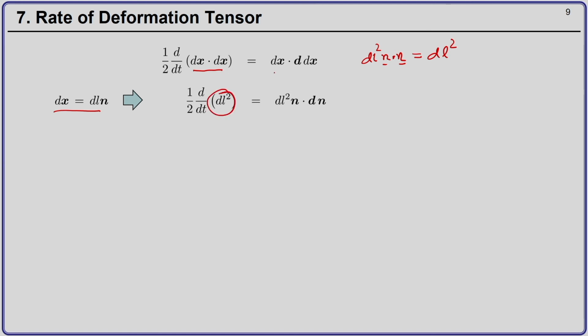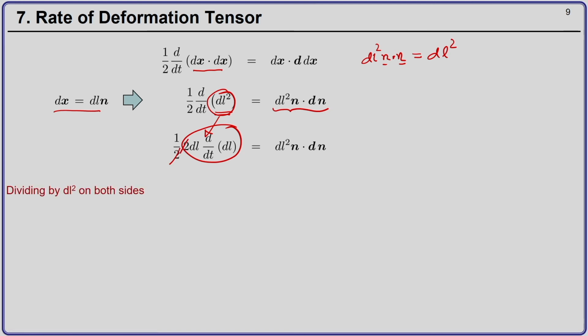Similarly, on the right hand side you will get dl square n dot d n. Now, you can take the time derivative of dl square, which will be 2 dl into d by dt of dl. So, this 2 cancels out, and if we divide by dl square on both sides, we get 1 by dl d by dt of dl equal to n dot d n.